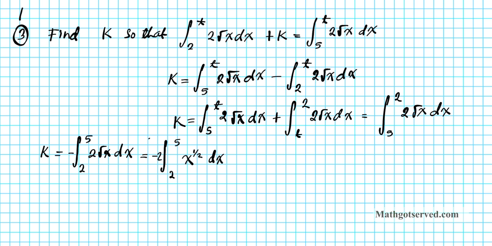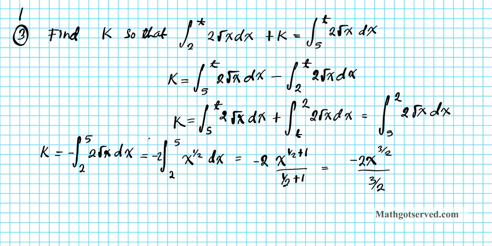Now what's the antiderivative of x to the 1/2? It's simply going to be x to the 1/2 plus 1 over 1/2 plus 1. So this is going to be negative 2 x to the 3/2 over 3/2.